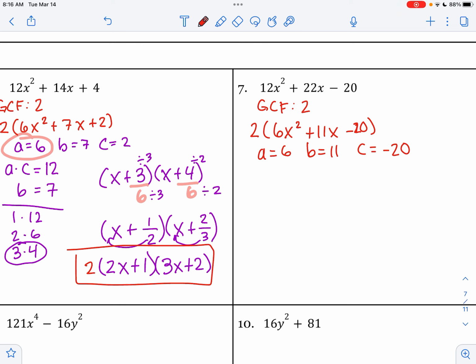Negative 20. So A times C and B. So A times C, 6 times negative 20 is negative 120, and B is 11. Hey, didn't we have negative 120 in the next one as well? Hang on, I'm turning my page on my notebook because I just want to see.